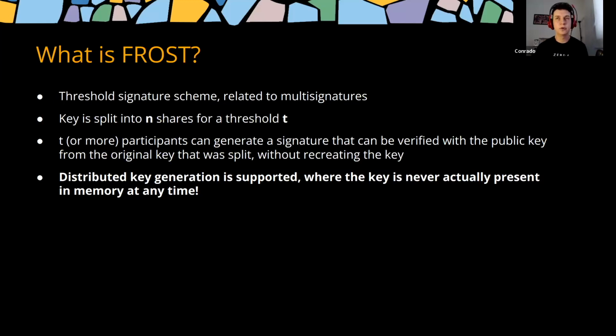So that's good for security, right? Even if a single participant's PC is compromised, an attacker won't be able to create a signature because they will need a threshold of participants, not a single one. Of course, assuming T is larger than one.